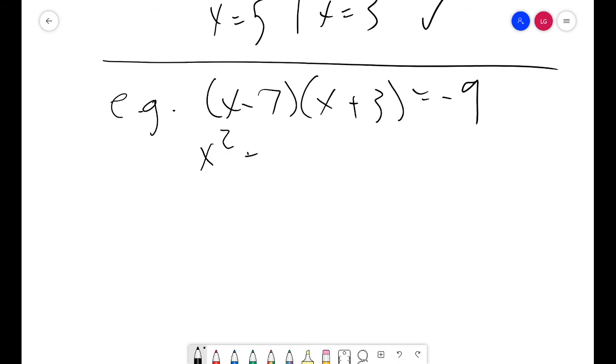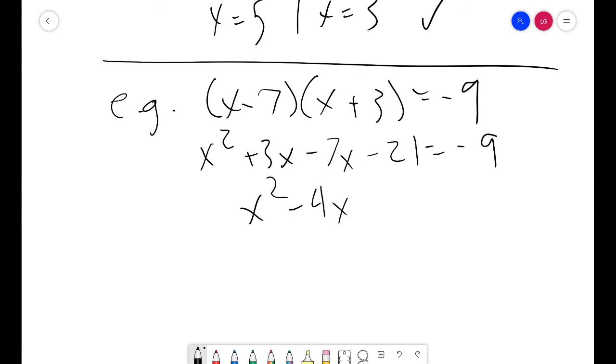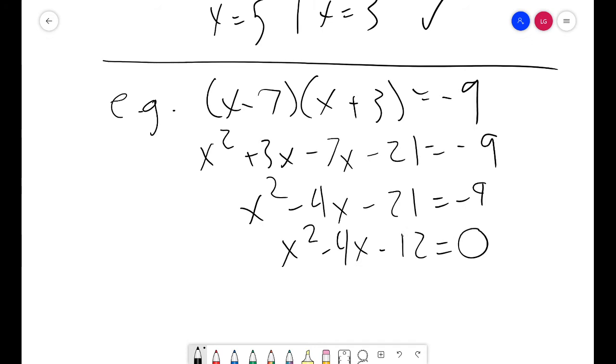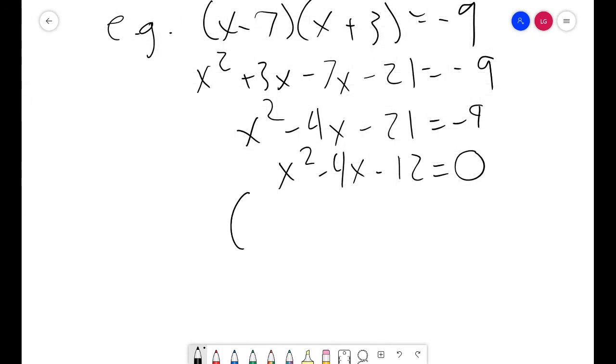Well, in order to be able to combine the -9 from the right-hand side with this polynomial in a direct fashion. Now we're set. Now we're set to go.